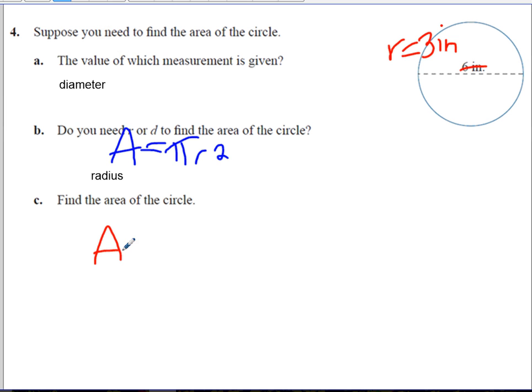So area equals our 3.14 times our 3 squared. And so we know 3 squared is 3 times 3, which is 9. So we have 3.14 times 9, which will give us 28.26.